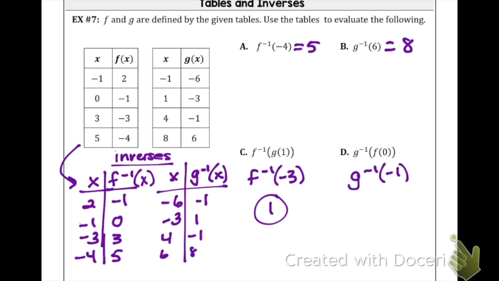G inverse of -1 is, where are we at? Oh, G inverse? Oh, sorry again. I see what I did wrong. I was like, why don't I have a -1 in here? I forgot to invert my -1, 4. There we go. So -1 gets us an output of 4.